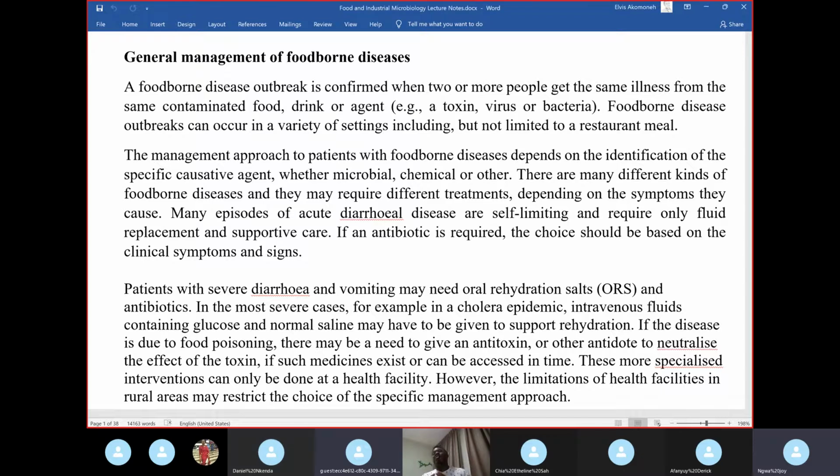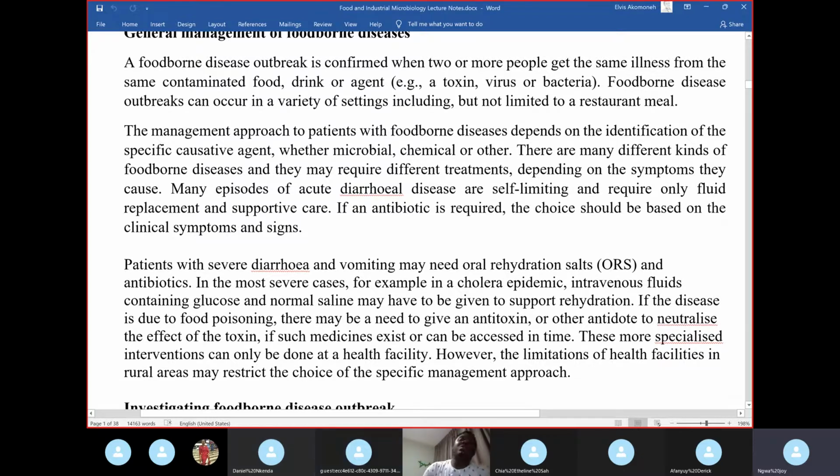To manage this outbreak will depend on so many factors. First, the cause of the symptoms. Remember in the last class, we identified that there are two distinct types of foodborne diseases: an infection and an intoxication. I also identified the duration of the incubation period and the clinical signs and symptoms.